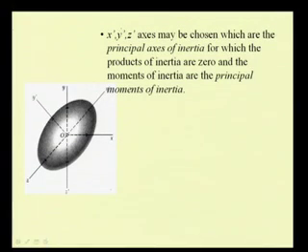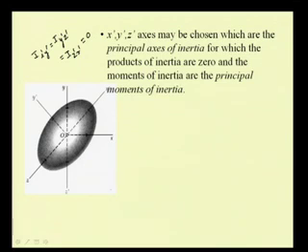So, if x prime, y prime, z prime are the principal axes of inertia for a given rigid body, then the products of inertia are 0. Let us say the product of inertia, that is I x prime y prime, equal to I y prime z prime, is equal to I z prime x prime, is equal to 0, and the moments of inertia are the principal moments of inertia.